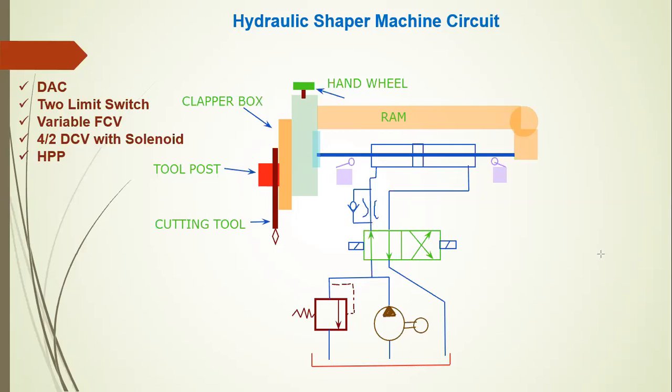This is the variable type FCV with reverse free flow, or attached with a check valve. Because the cutting tool requires a smooth and constant motion, one flow control valve with variable condition is required to be attached here.